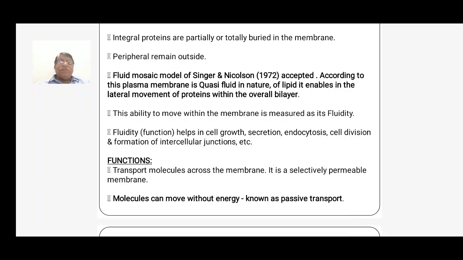Because of this reason, it looks like a mosaic. Hence the name fluid mosaic model of the plasma membrane. This model is also called the Singer and Nicholson model.